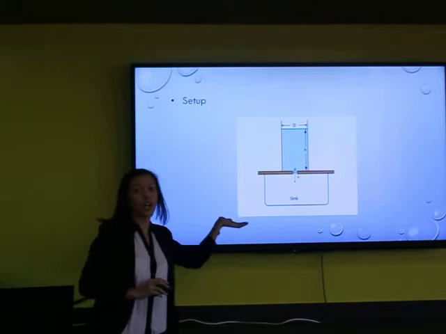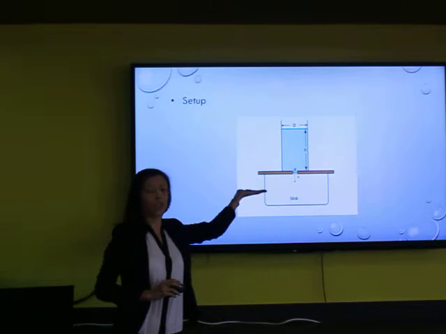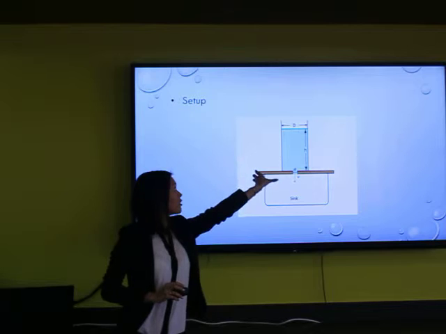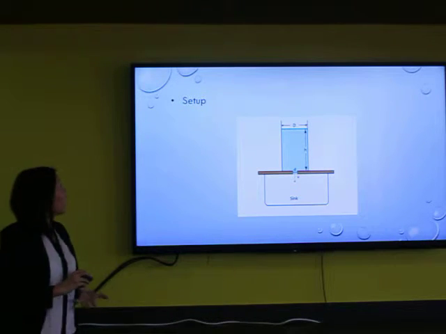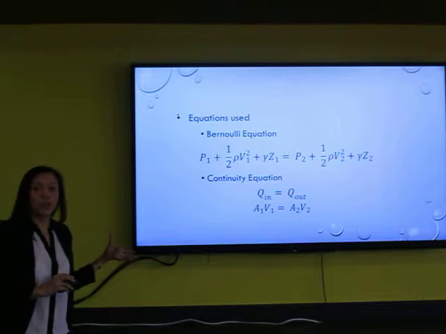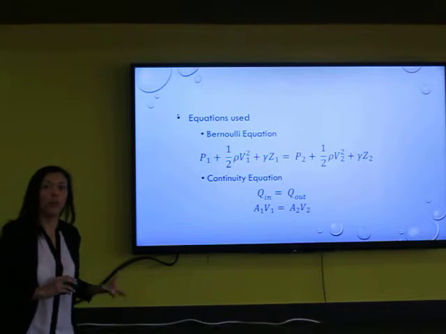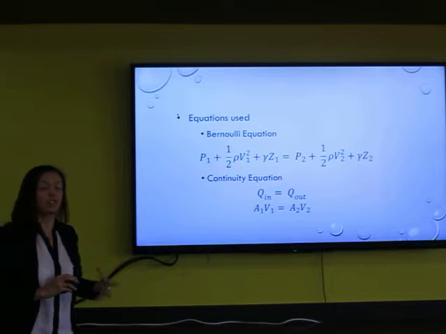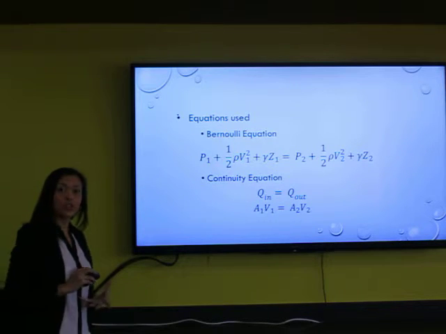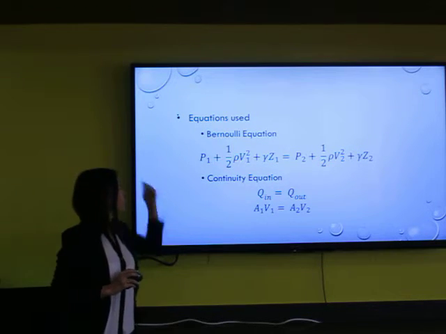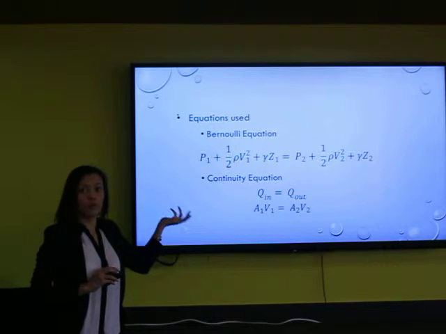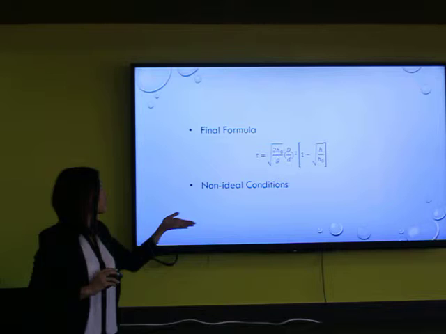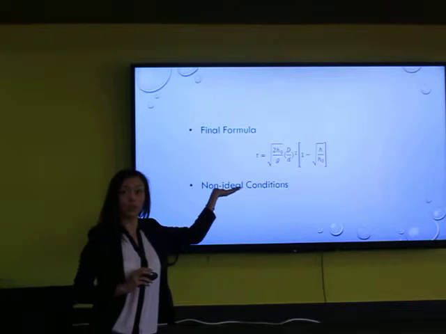Here you can see our setup. It's suspended over a sink on a stand, with a circular tank discharging through the bottom. In order to be able to predict the time, we need to come up with a formula, as in most fluid dynamics problems. Two equations were used: the Bernoulli equation and the continuity equation. Through further analysis and derivation, we came up with a final formula for time.